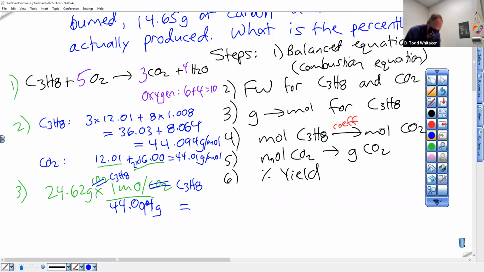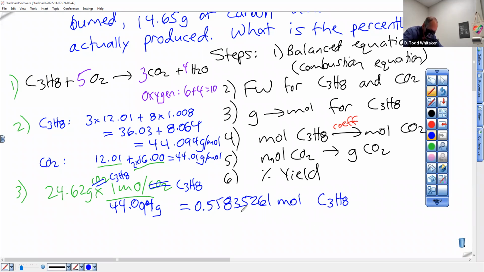Does somebody have that? I hope. 0.5583. And we're just keeping all sig figs until my final answer. And now we are talking moles C3H8, which is what the steps told us to do. Mole C3H8, mole C3H8. Yes, we're well on our way.